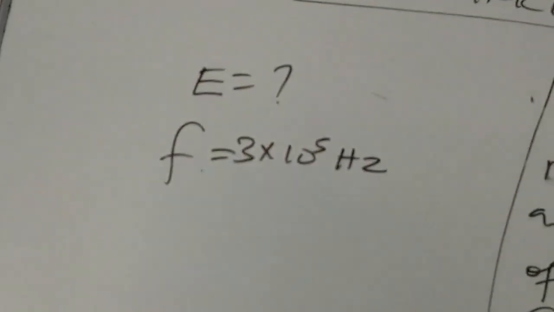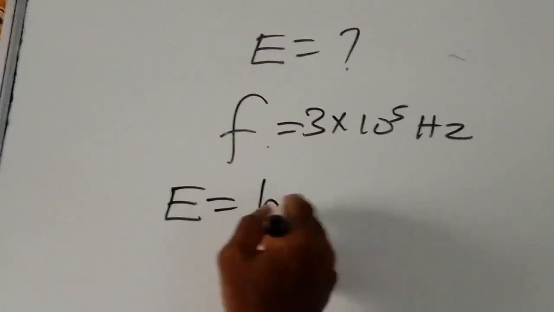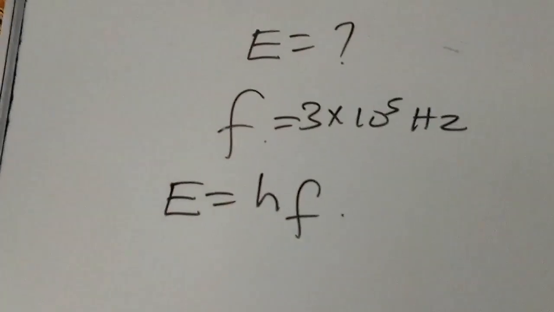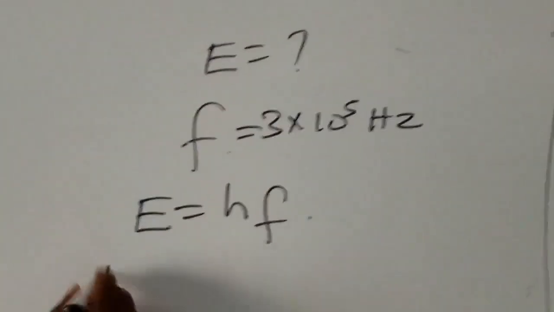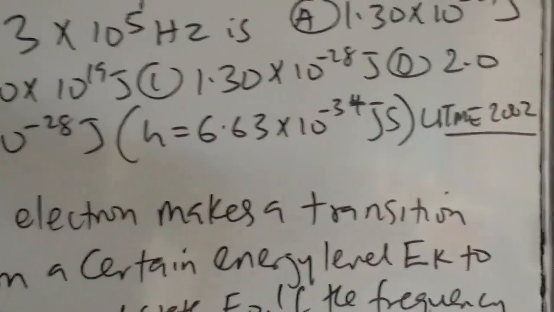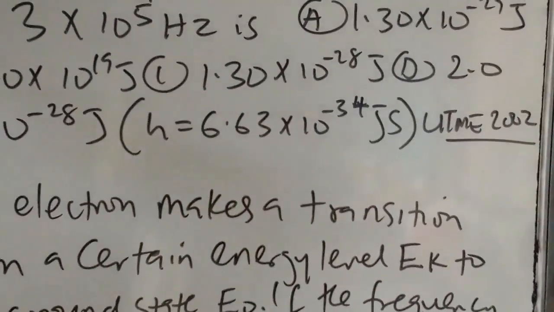So how does energy connect to frequency of radiation? That is the Planck equation, which is given by E equals Planck constant times frequency, which falls under energy quantization. So energy now becomes the Planck constant, given to us in bracket as 6.63 times 10 to the power minus 34, then times 3 times 10 to the power 5.